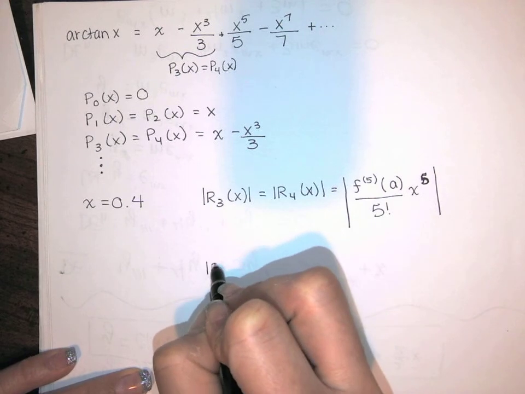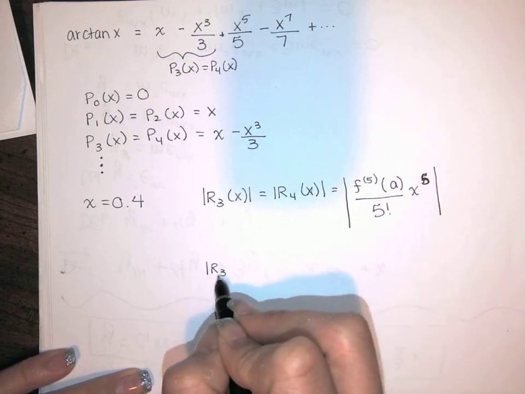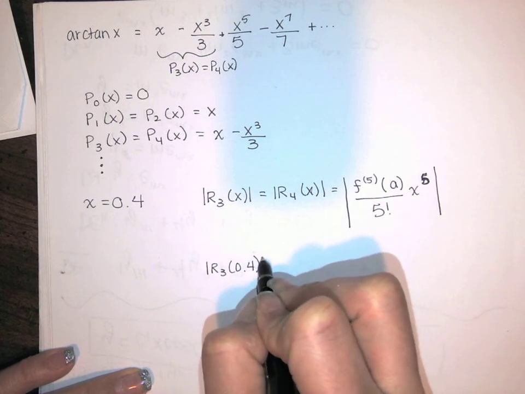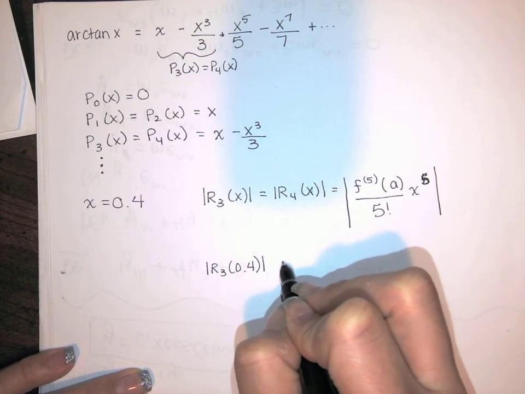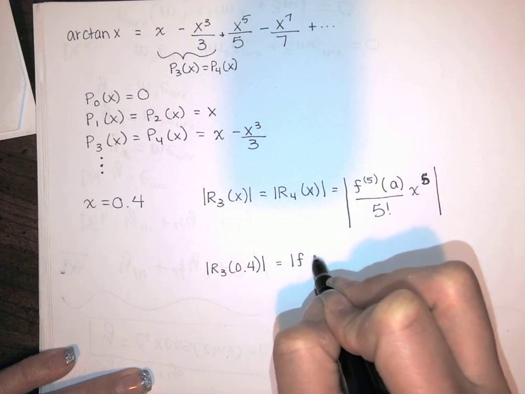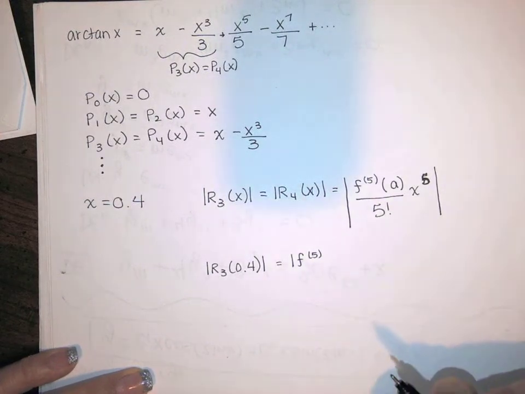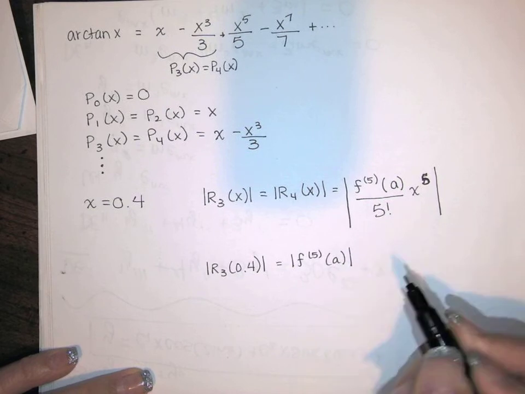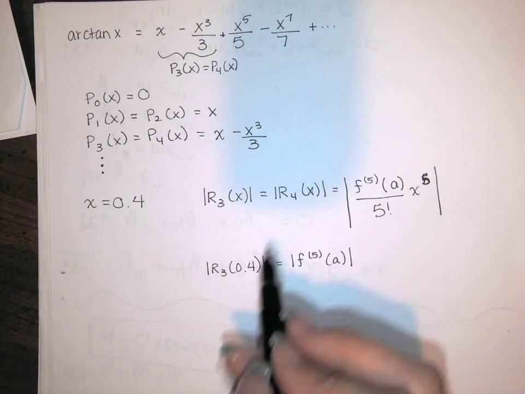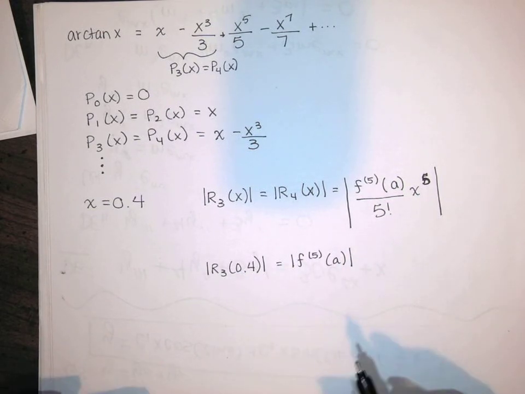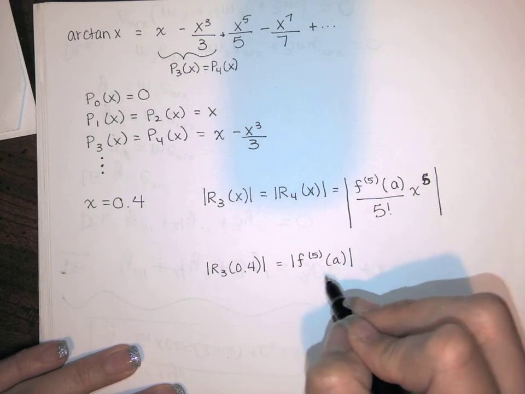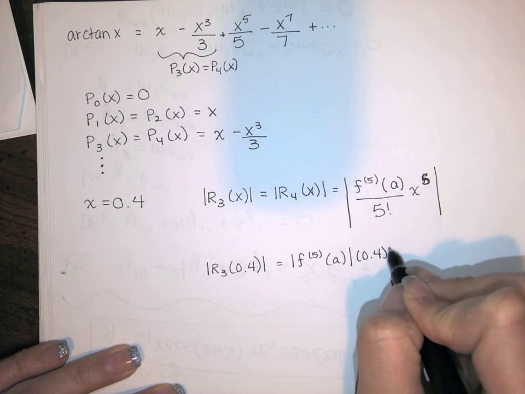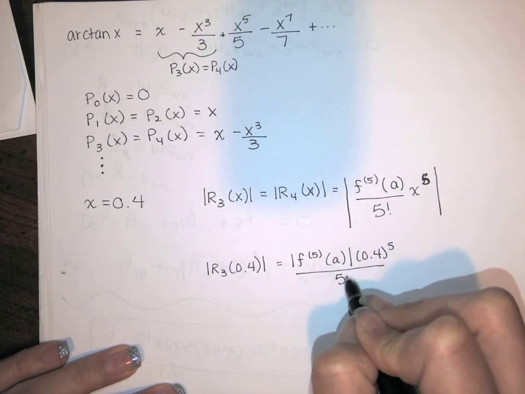So the absolute value of the error at x equals 0.4 is going to be equal to this. It's the absolute value of the 5th derivative of the function evaluated at some number a, where a is a number between x equals 0.4 and the center of the series, times, I'm replacing x with 0.4 to the 5th, divided by 5 factorial.